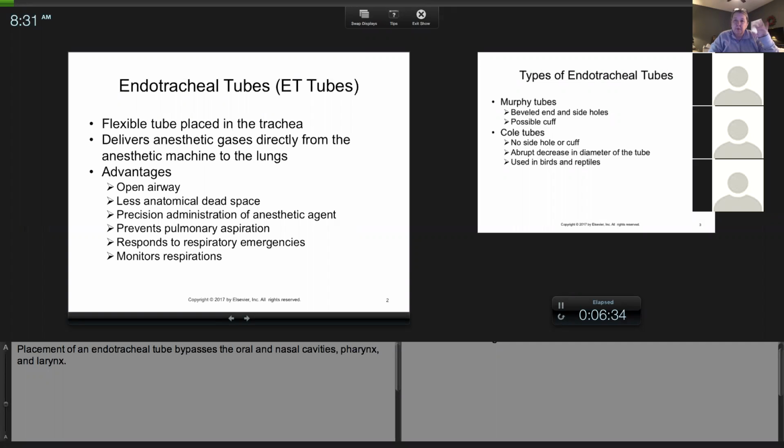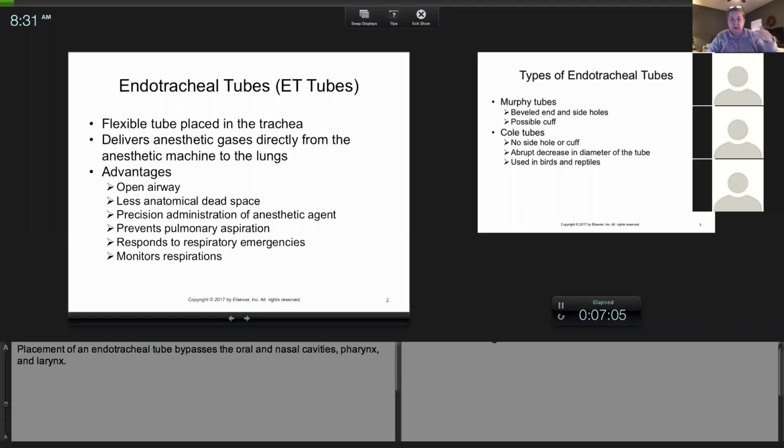The problem is when you put a mask on a patient, and especially if you had like a bulldog or another brachycephalic, they can have airway compromise, and it may be that airways can collapse, and sometimes you may have to emergency intubate if the patient's not doing well. If you already have an airway in, and when I say you have an airway, it means you have a tube in the trachea, then you have an open airway in case there's a problem.